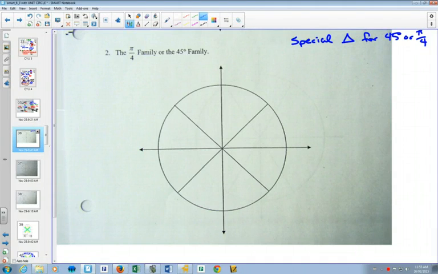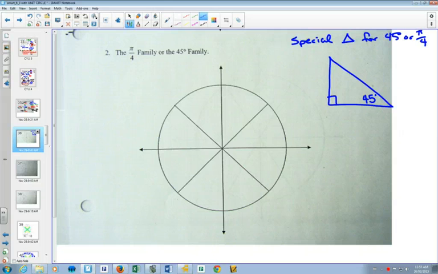Because if we're going to figure out sine of 45 degrees and cos of 45 degrees without our calculator, we need a way to make sense of that. Since we know sine, cos, and tan for right-angled triangles, we're going to draw a right-angled triangle and make one of the angles 45 degrees.